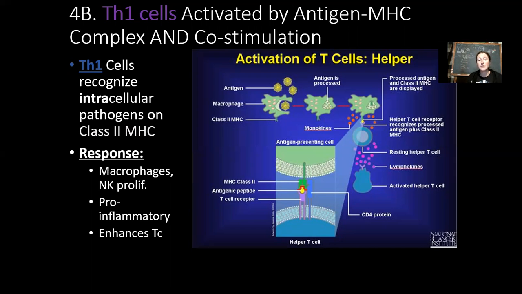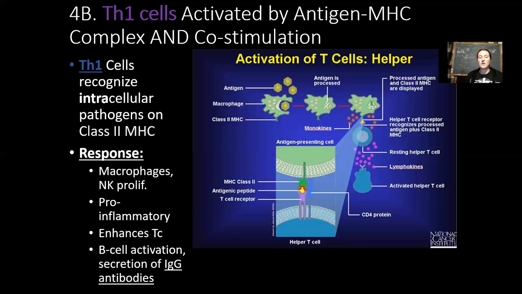And it's also going to enhance the activity of cytotoxic T cells. Remember, the cytotoxic T cells are also looking to combat against intracellular pathogens. And so if the T helper 1 cells trigger a stronger response of the cytotoxic T cells, they're both kind of working towards the same goal. We're both trying to get rid of intracellular pathogens in particular.